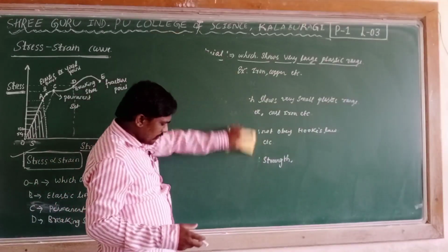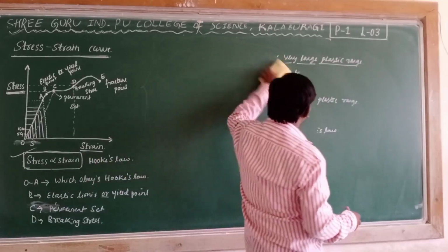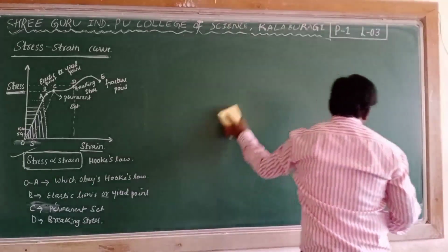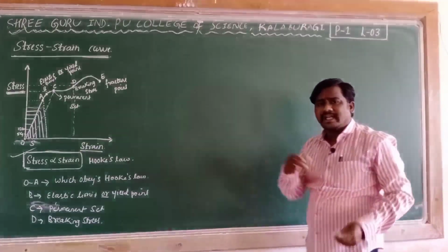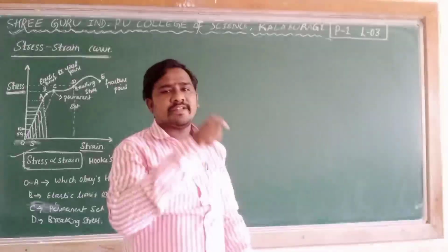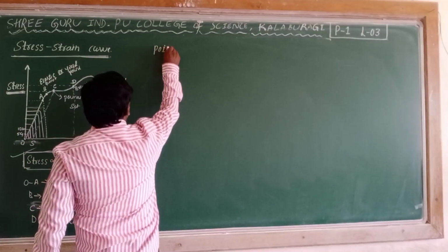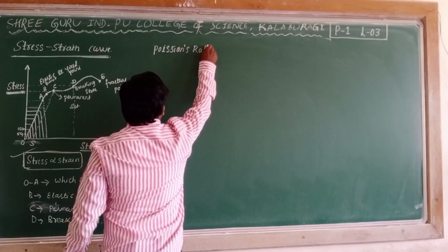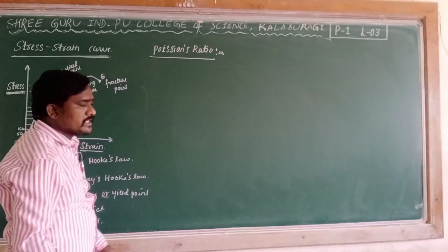Now, the very important derivation they may ask in 3 marks is Poisson's ratio. Up to this we discussed length, area, and volume. We never discussed the diameter. In Poisson's ratio we are going to discuss it.